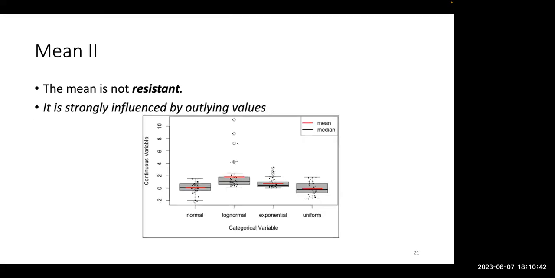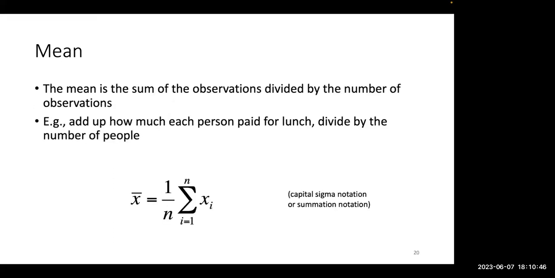Okay, the mean is not resistant. So the problem is the way the mean is calculated: you change one number in your data, there needs to be a change in your estimated mean. So you change the serum cholesterol of subject 19,998, your mean will need to be different because it's arithmetically summed up and then divided by the number of entries.